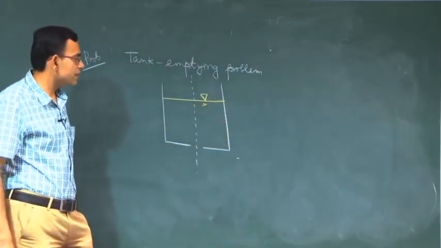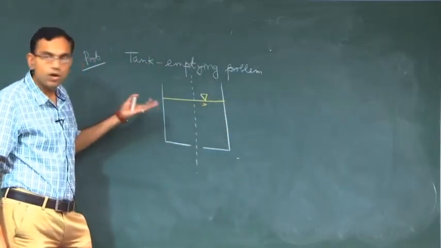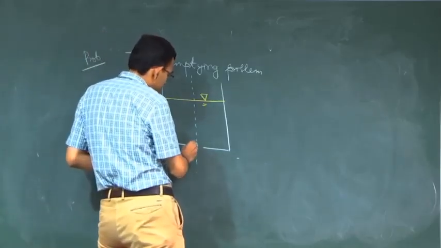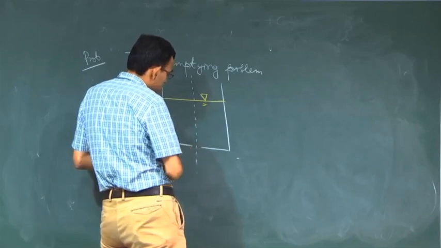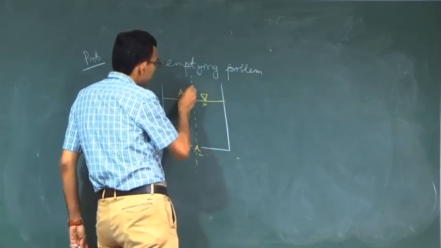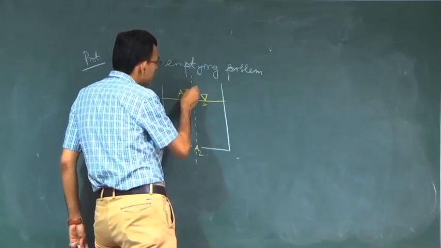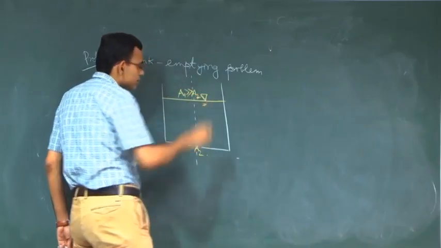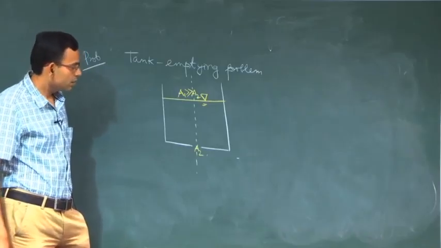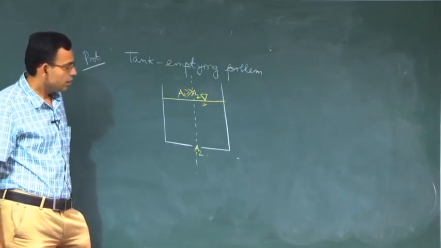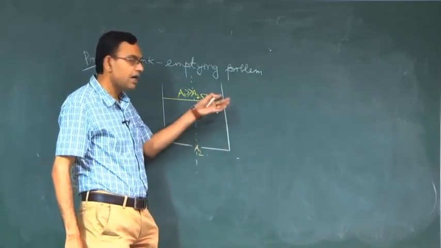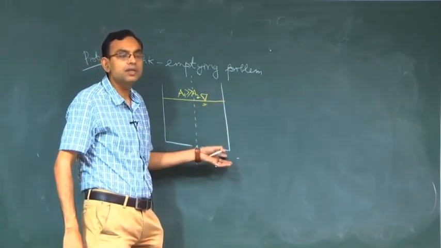There is a free surface of the fluid, say water as an example, and there is a small hole with area A2, which is much smaller than A1. The question is, how much time will it require from an initial height to make this tank empty?